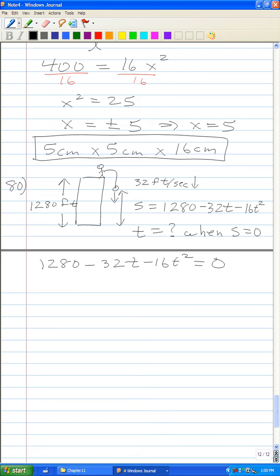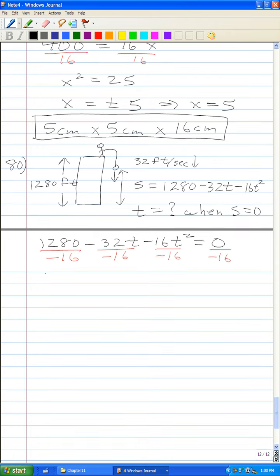When is that equal to 0? Well, let me divide every term here by negative 16. And so I get, and let me write the t squared first, t squared plus 2t minus 80 equals 0.